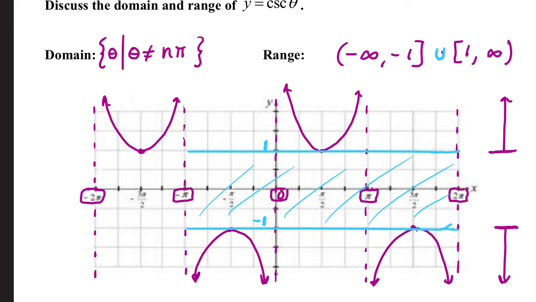And I'm going to write this in a little bit under here. n is an integer. So any positive or negative whole number you can think of, that's an integer.